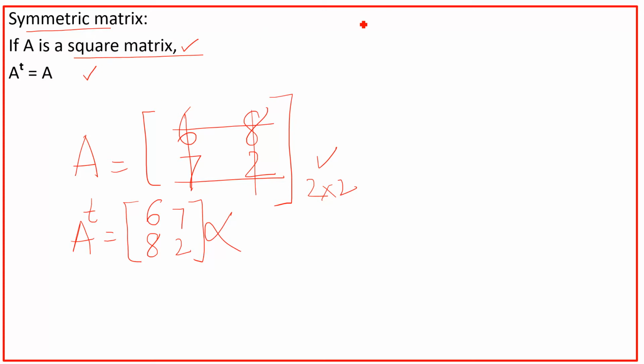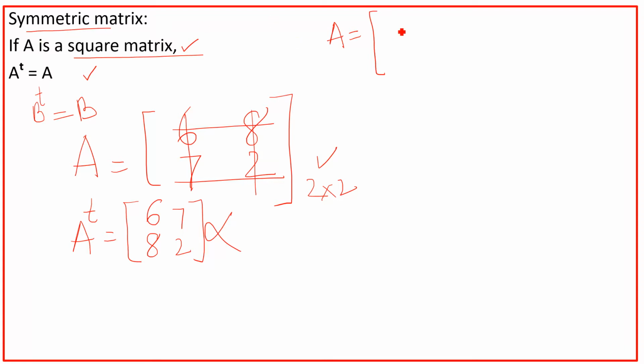Suppose here I am writing another matrix, A. You can have any name for the matrix, B, C, X, Y, D. If the name of the matrix is B, I will say B transpose should be equal to B in order to be a symmetric matrix.